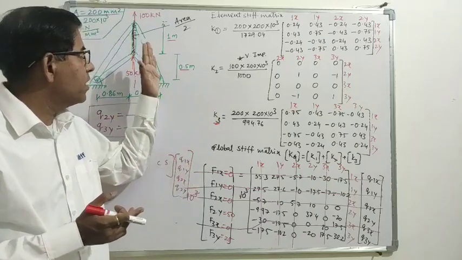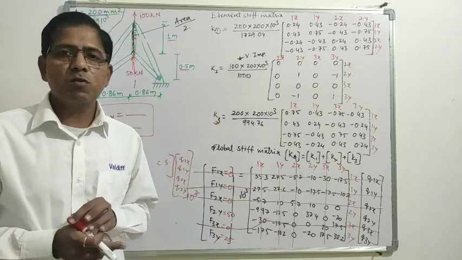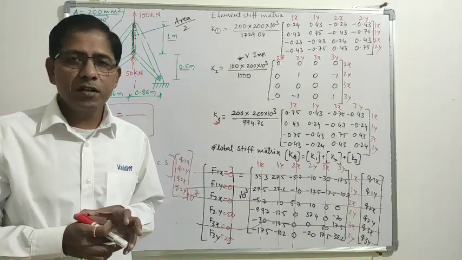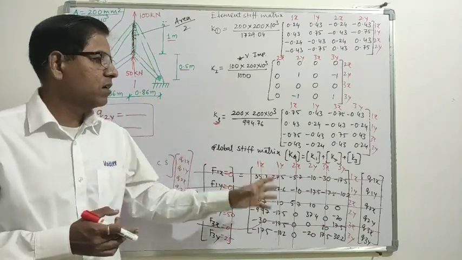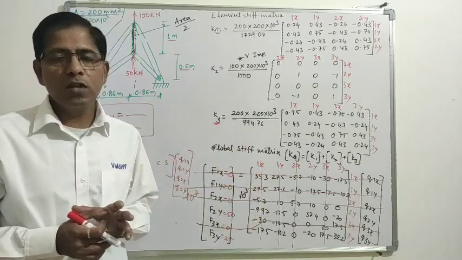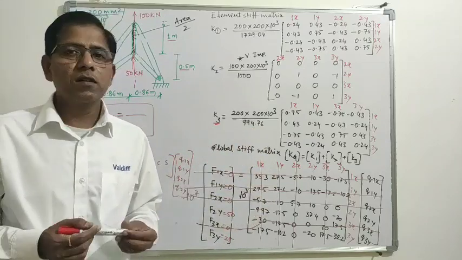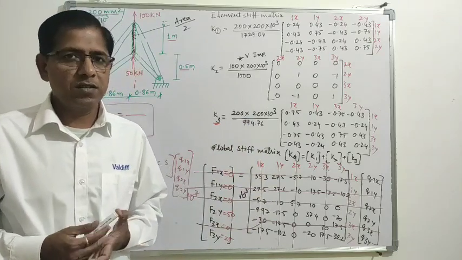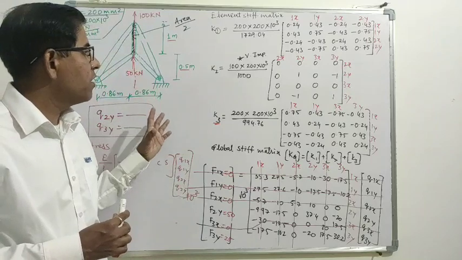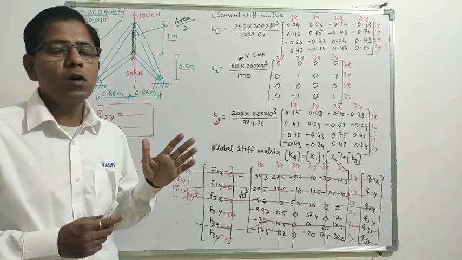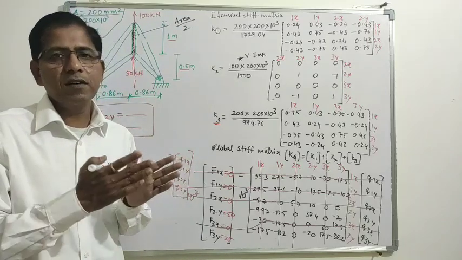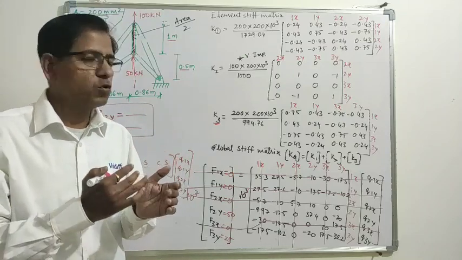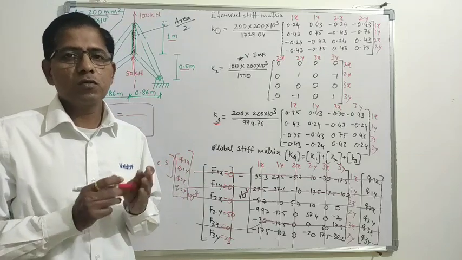By dividing the truss problem, the quantum of calculations is reduced, and we can do the calculations and find the field variables such as displacement, stresses and reactions. So I hope you have learned how to divide a symmetric truss problem and solve it. Okay, so thank you very much.